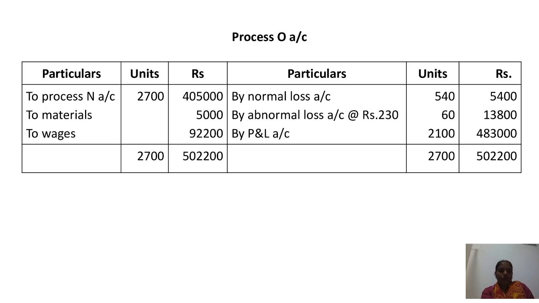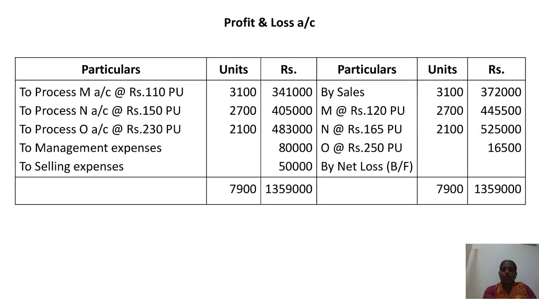Then we have to write one more account, that is profit and loss account. Whichever in process M account, process N account and process O account, wherever we credited or debited profit and loss account, that should be transferred to the profit and loss account.